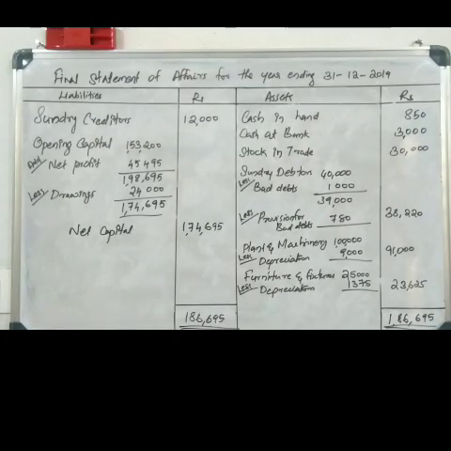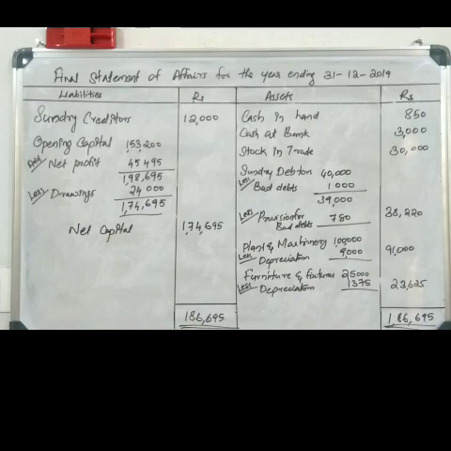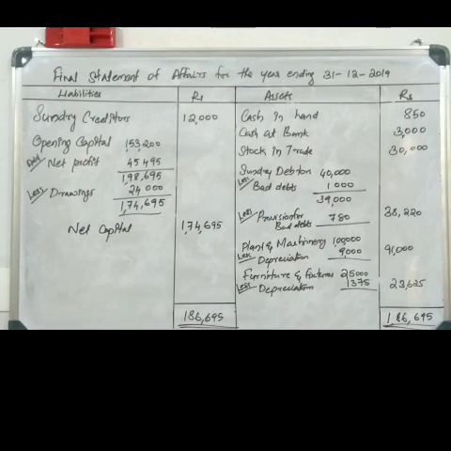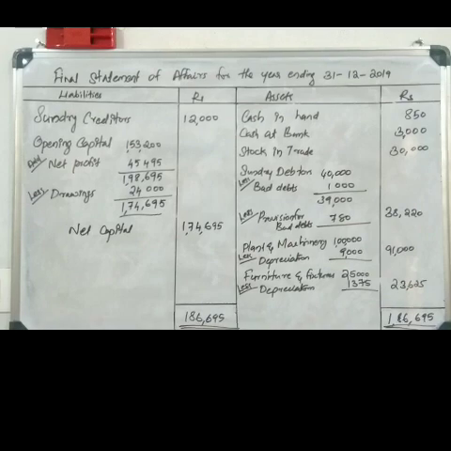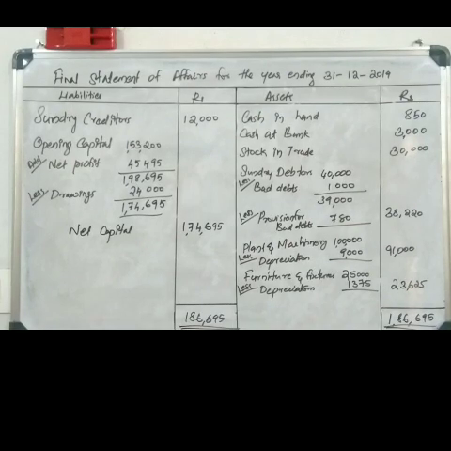So now let us look into the final statement of affairs for the year ending 31st December 2019. So what are the things that come in assets and what are the things in liabilities, right? So on the asset side, we have cash in hand 850, cash at bank 3,000, stock in trade, which is the stock available for trading or sales, 30,000, sundry debtors.